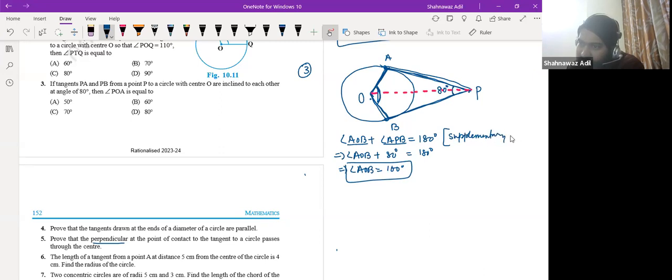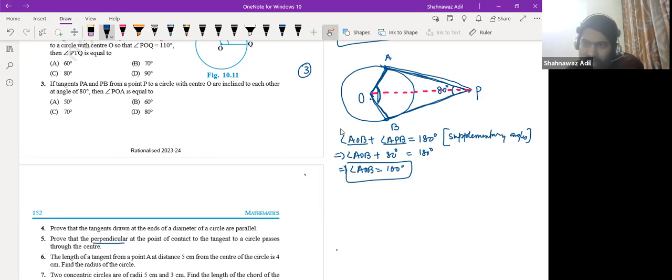So we can write supplementary angles as the reason. If it has been asked in a 2 marks question, then you have to write all those. And don't ever forget about the diagrams. Diagrams are the most crucial. Always draw the diagrams whenever it is done.